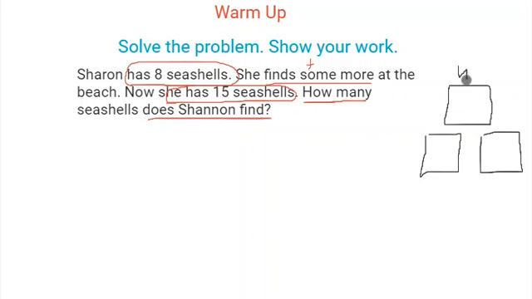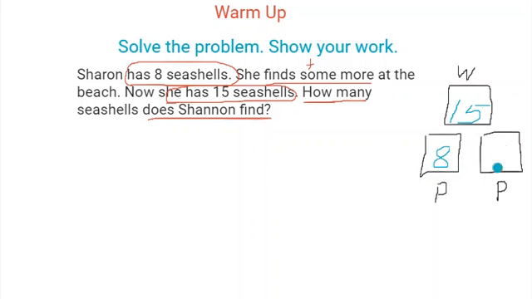Remember, this is the whole, and this is a part, and this is a part, because we add the two parts to get that whole. So we're going to write 15 here. She had at one time 8 seashells, so I'm going to put 8 here, and this is unknown.